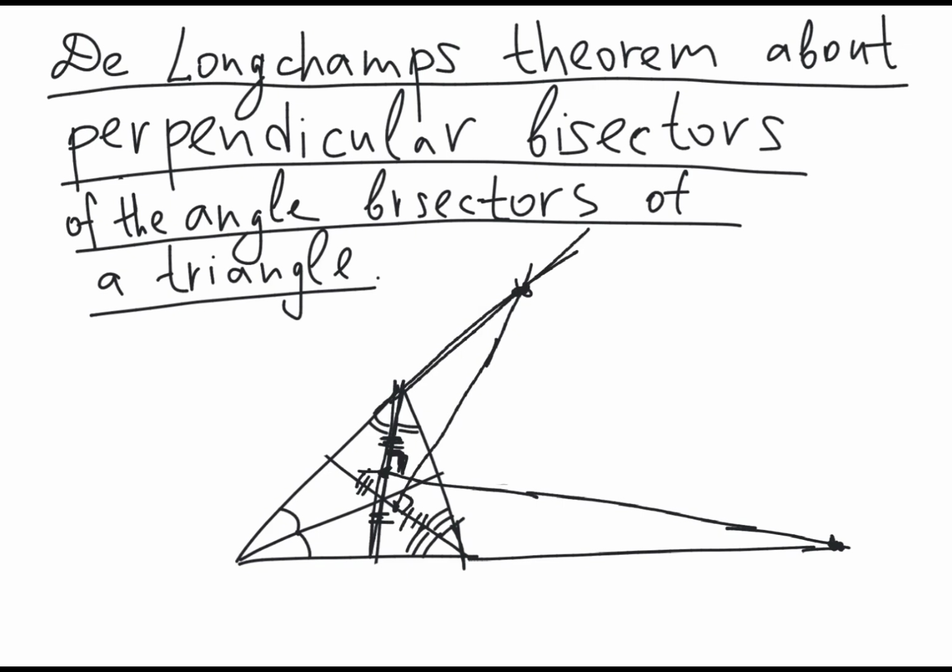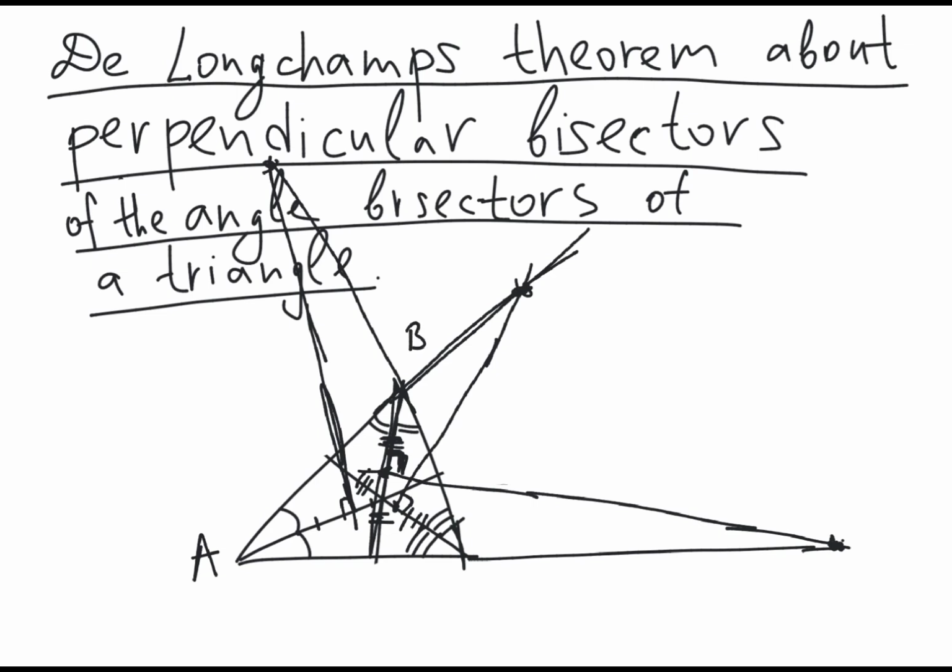This and the third one, something like this. The intersection point would be somewhere here. And so the theorem states that these 3 points, these 3 intersection points, lie on the same line, on a single line.